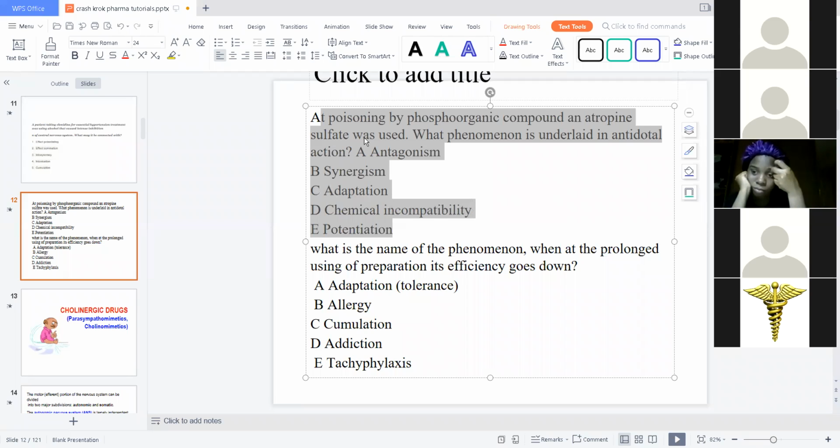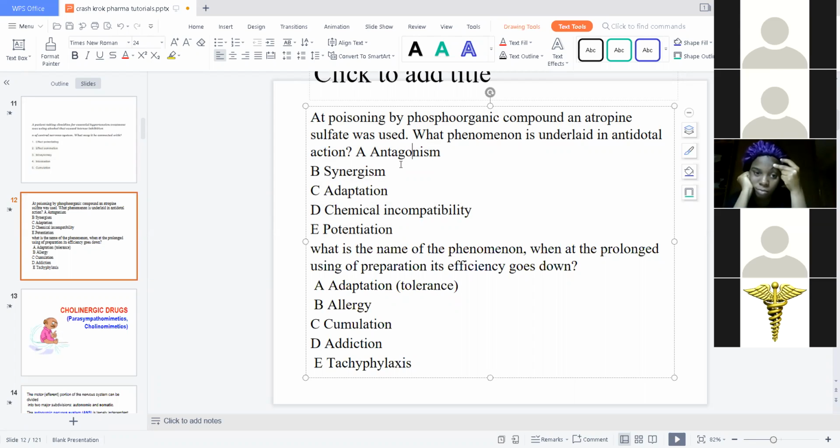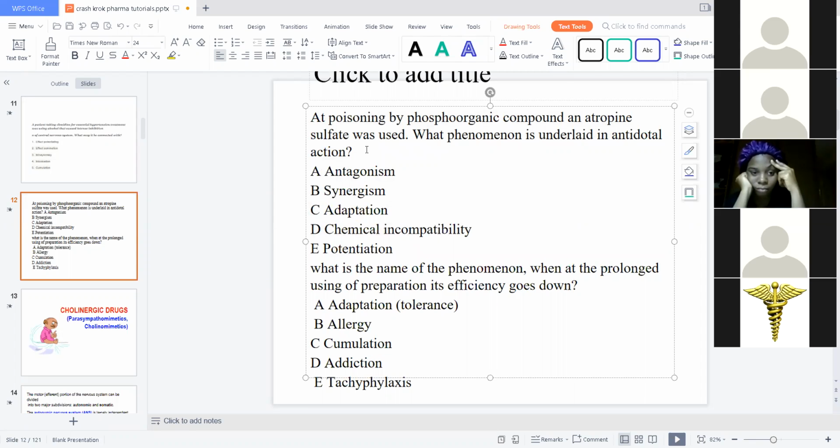No, okay. So the answer here is antagonism. Oh, I know that the A was part of the word. Okay, you didn't see the A. That's okay. So do you understand why it's antagonism?